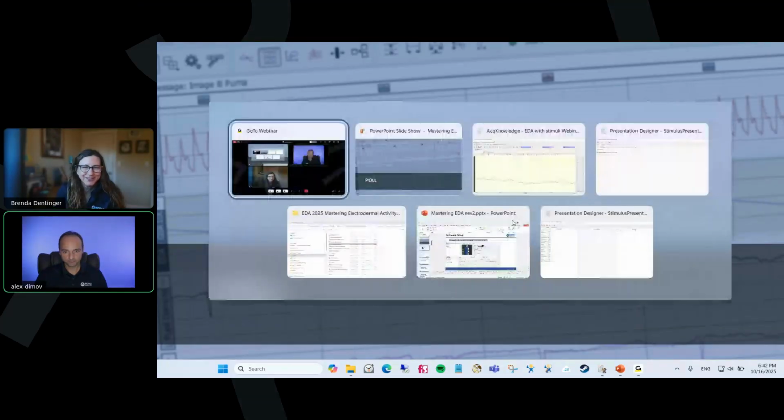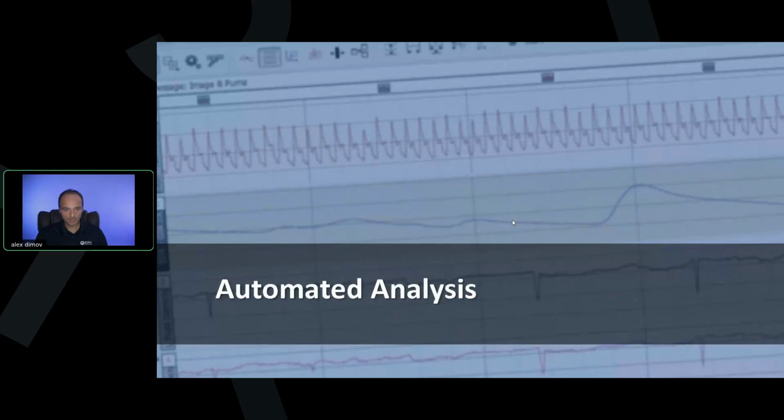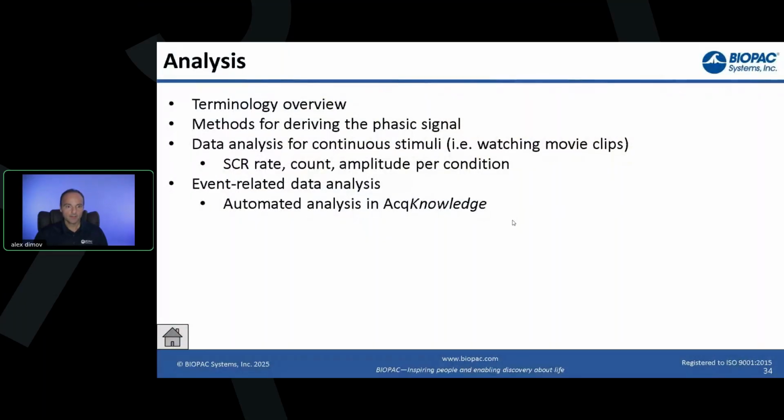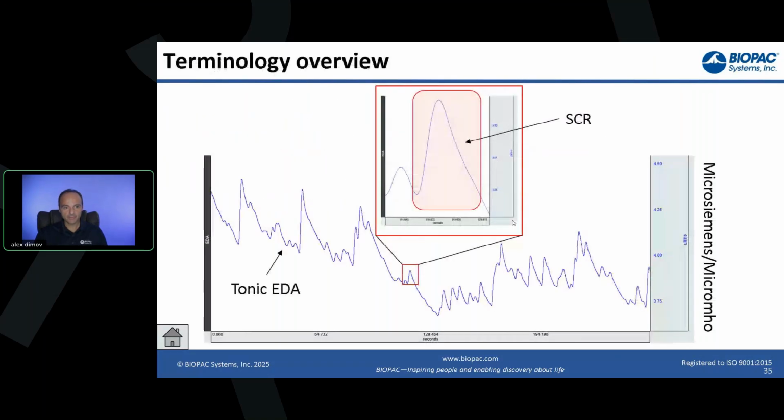Yep. Okay. Thanks, Brenda. All right, so let's go ahead and analyze the file that we started working on. But before we do that, just to make sure we're on the same page as far as terminology.